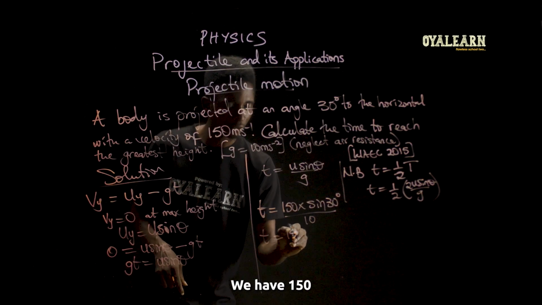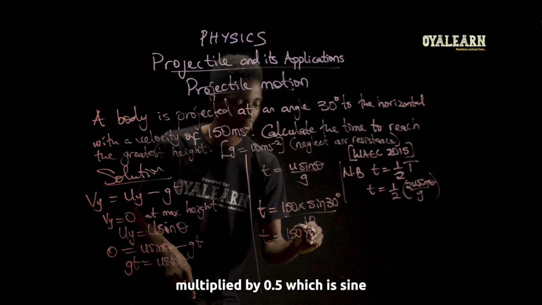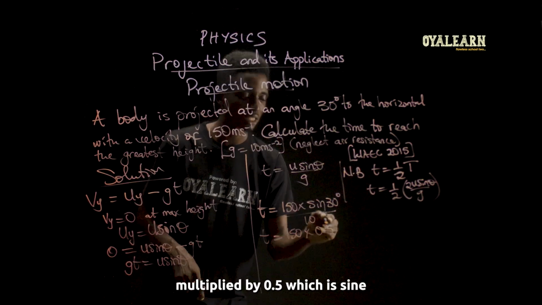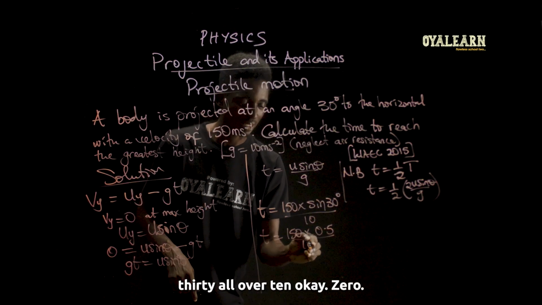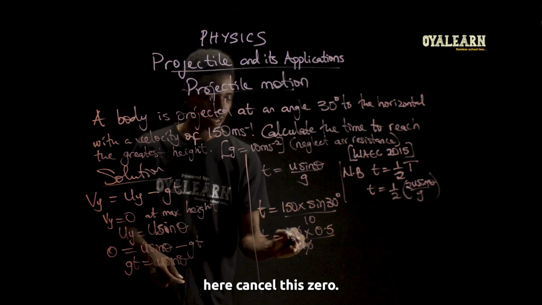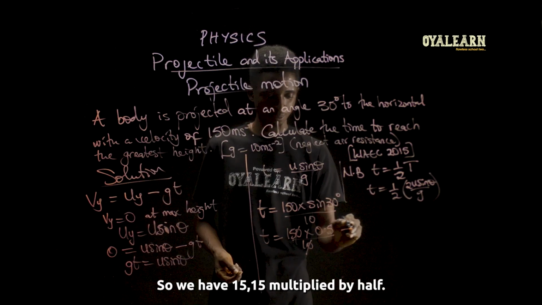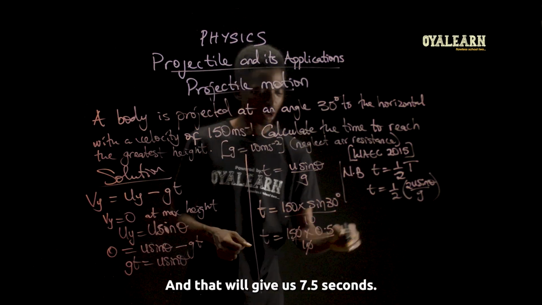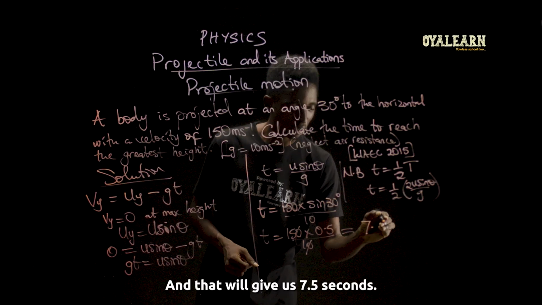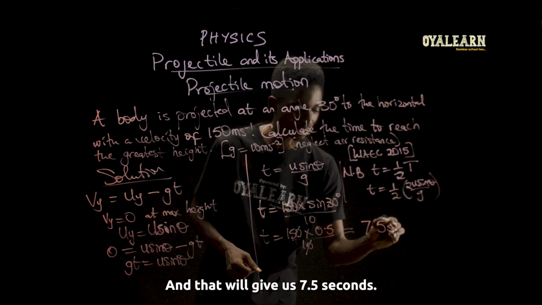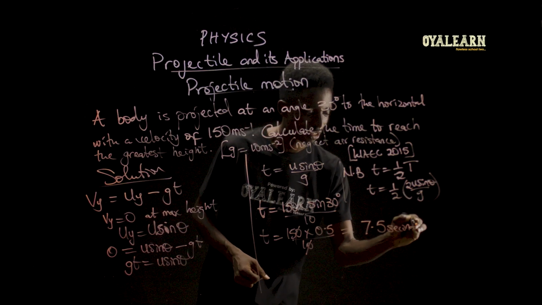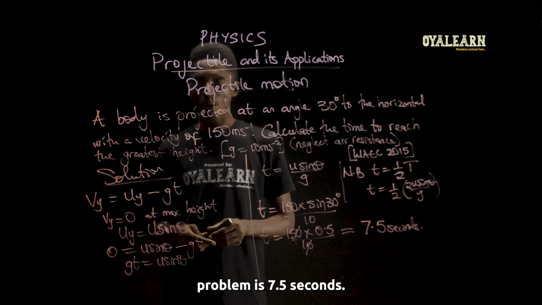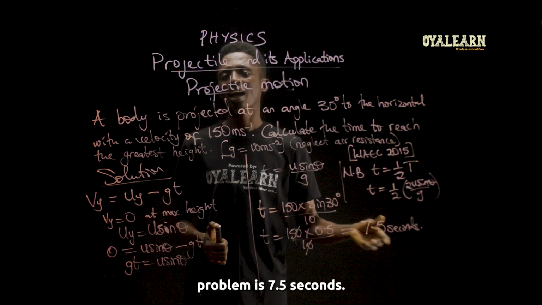We have 150 multiplied by 0.5, which is sine 30, all over 10. Okay? 0 here cancels this 0, so we have 15. 15 multiplied by half, and that will give us 7.5 seconds. So the solution to this problem is 7.5 seconds.